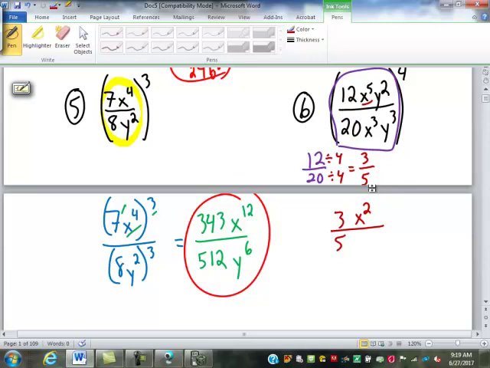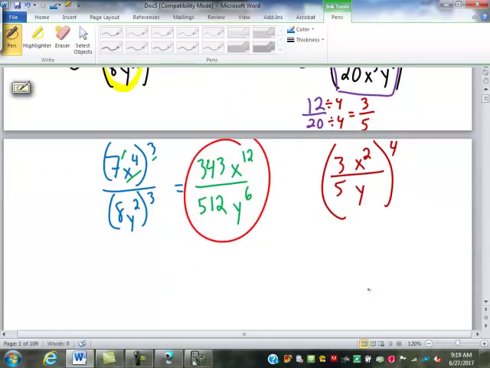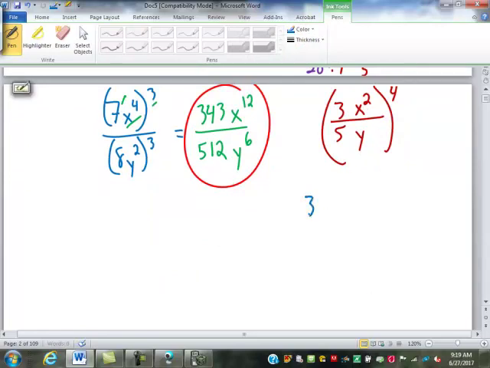What's going to happen with y? It goes on the bottom, to the power of 1, or just y, right? This is all still to the power of 4. So now we're going to split that up: the numerator to the power of 4 and the denominator to the power of 4.